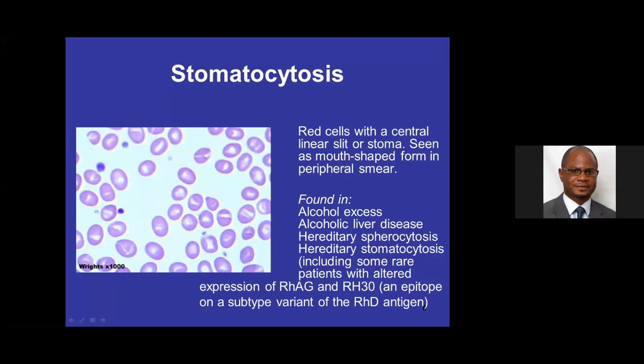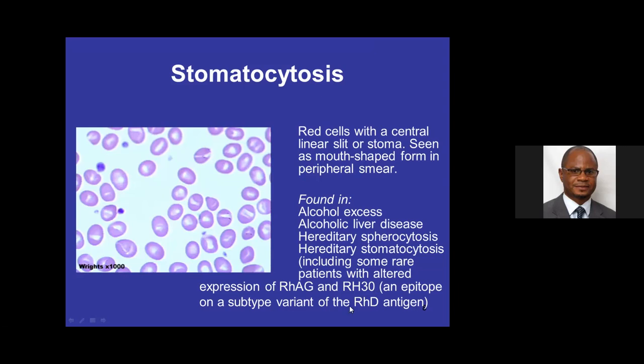So it's seen as a muff-shaped form in peripheral smear. It's like a muff. This is not classical, but some are in here. So seen as muff-shaped forms in peripheral blood smear, found in alcoholics, alcoholic liver disease, hereditary spherocytosis, hereditary stomatocytosis, including some rare patients with altered expression of RHAG and RH30, and then an epitope.